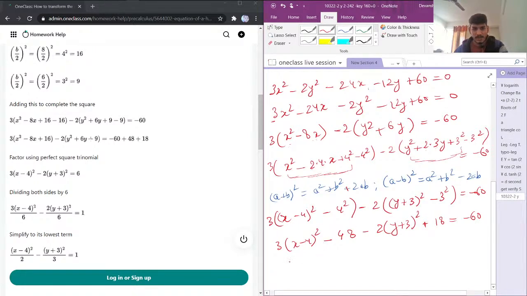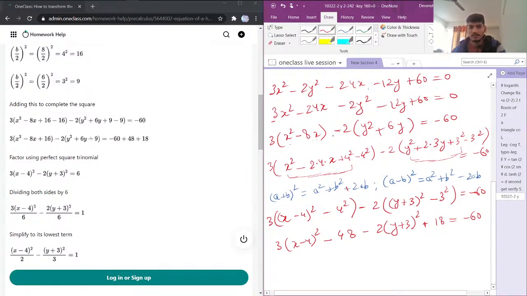Wait a minute, 3 times 48, then I had this was minus and negative 2. Okay, minus minus becomes plus and 2 times 9 is 18. This will be minus 60.